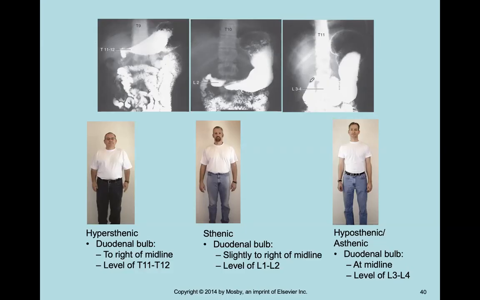If I give you this image, you should be able to say this is an asthenic patient because first of all, look how low that is, but it's labeled there for you. This is giving you the answer. So that is what you need to look for. You might look at this and say, well, how am I supposed to know what the body habitus is? Well, these are your answers: L3, L4, asthenic; L1, L2, remember we said that was sthenic; T11, T12, hypersthenic.